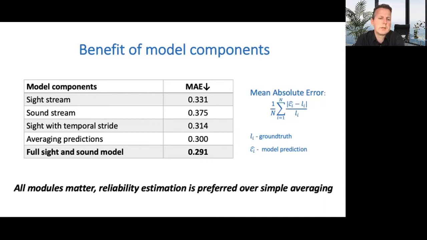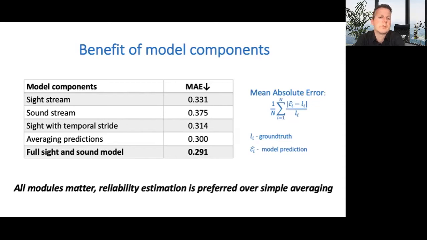When we introduce the temporal stride module based on sight information, we obtain a mean absolute error of 0.31. So the error is reduced quite a bit. And if we use fusion based on a simple averaging of sight and sound, we get 0.30.